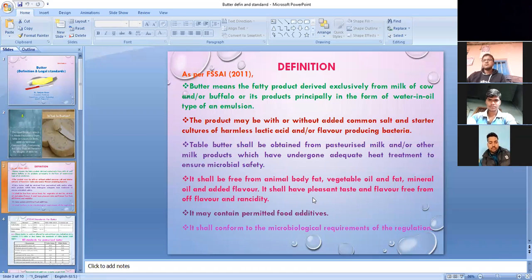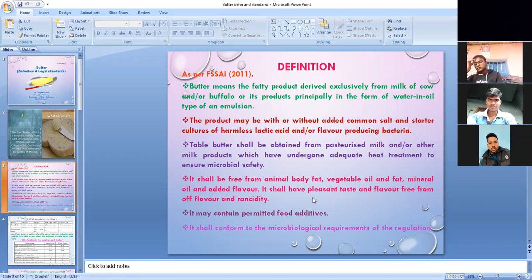Generally we observe that when we keep butter under room conditions for a long time, the butter may spoil. One of the major defects of fat-rich dairy products, including butter, is rancidity. Rancidity leads to different off flavors.